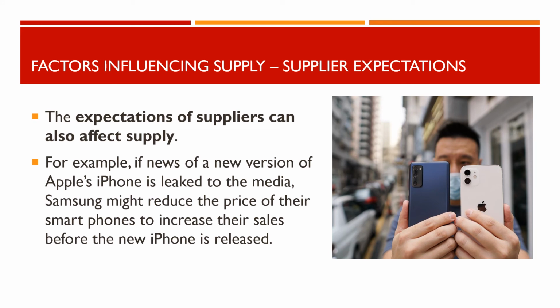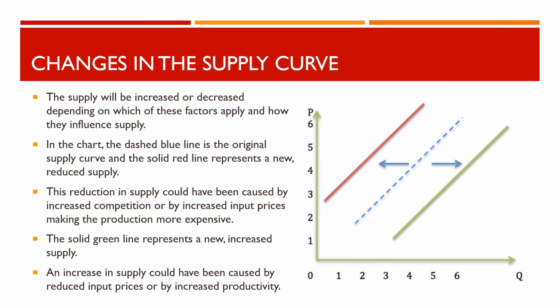The expectations of suppliers can also affect supply. For example, if news of a new version of Apple's iPhone is leaked to the media, Samsung might reduce the price of their smartphones to increase their sales before the new iPhone is released. The supply will be increased or decreased, depending on which of these factors apply and how they influence supply.